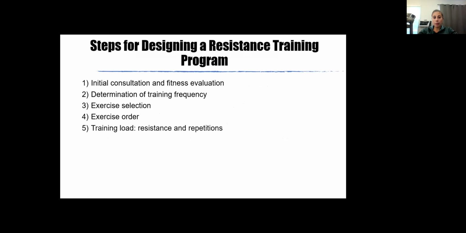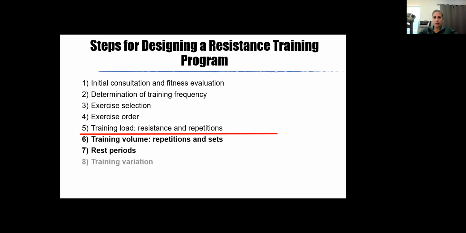So we've already gone through the first 5 steps here. And we're going to talk about volume today. We're going to talk about rest periods, training variation, how to sequence the plan. Again, that gets very complicated as we start looking at a year time frame, for example, and how we can progress. So we'll talk about some examples of how you might progress your client over time.